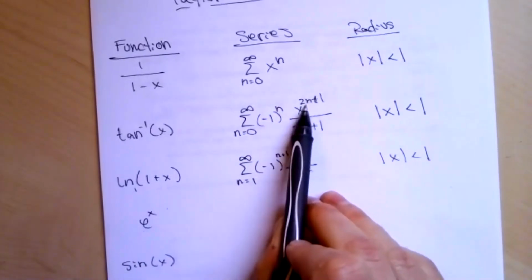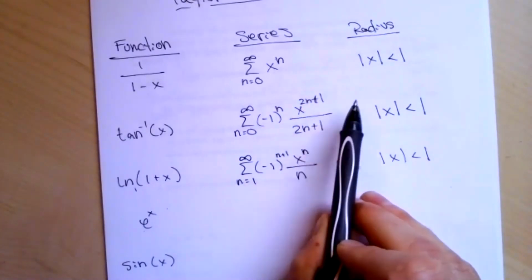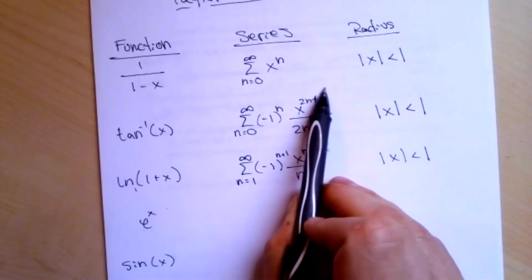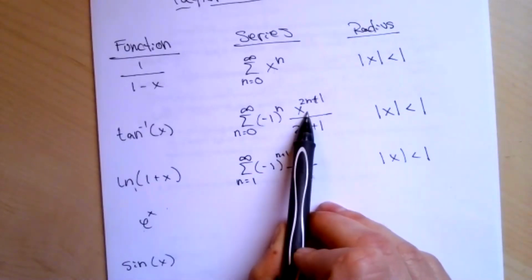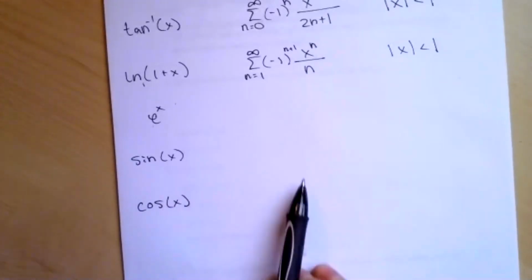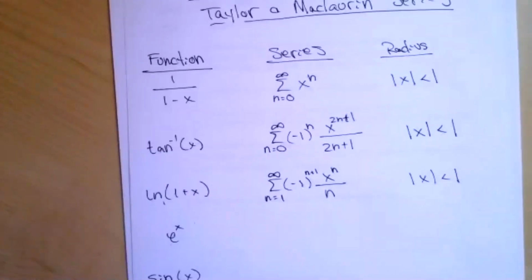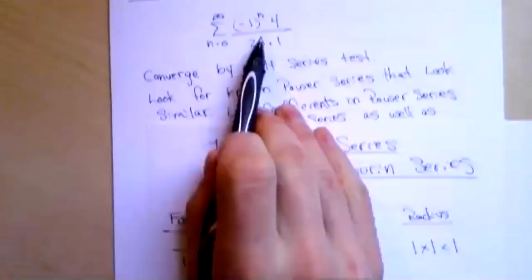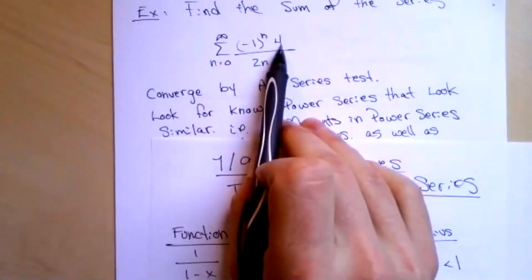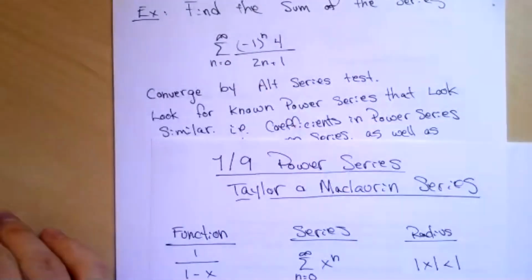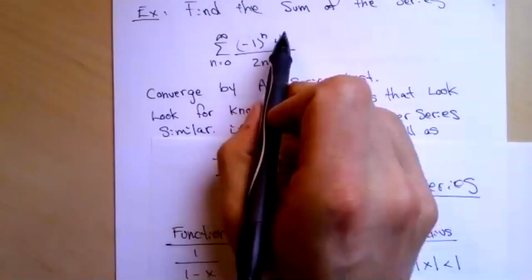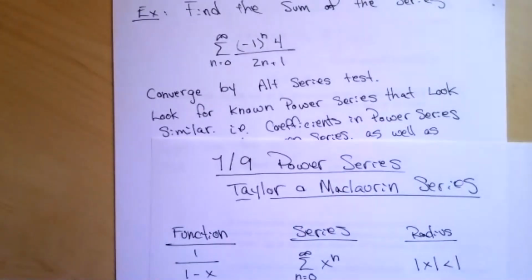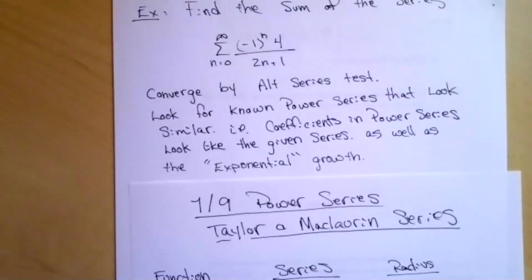Sometimes, like in this case, we have x to the 1, x to the 3, then x to the 5. So it's only going to have the odd powers in the exponent. And we'll see something similar once we get down to sine and cosine. So that's kind of why I put it in quotes. That's another way you can identify it: is there any sort of exponential term here? And if there is, is the exponential all of the numbers, was it 4 to the 1, 4 to the 2, 4 to the 3, or is it the odd exponents? So it's another thing to look for in order to match these.